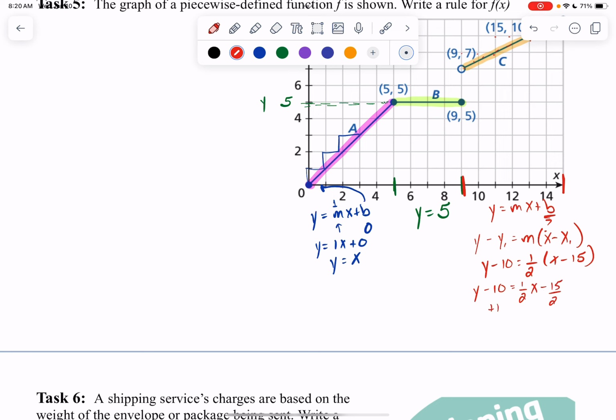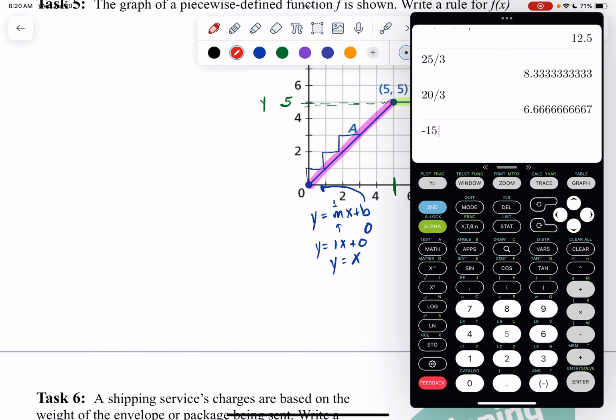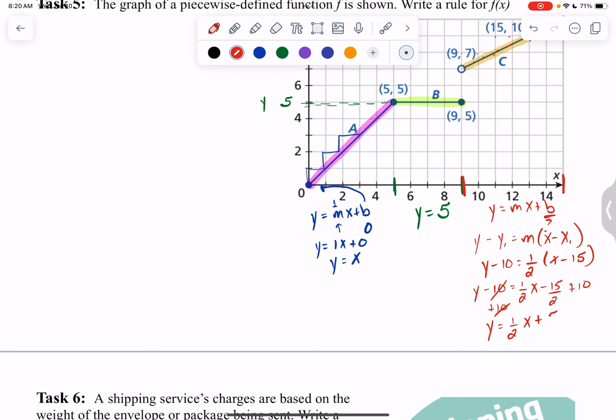Add 10 to both sides. y equals 1/2 x, negative 15 halves plus 10. I'm going to use the calculator for that. Let's use parentheses. Negative 15 halves plus 10 gives me, math, enter, 5 halves. So plus 5 halves. Okay, so there's that last bit.